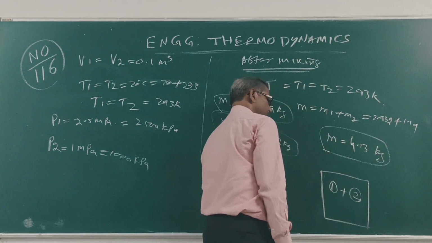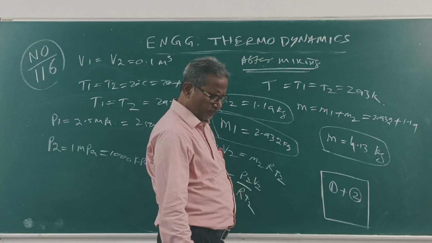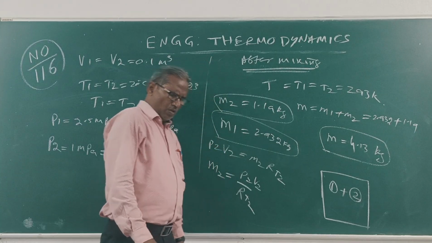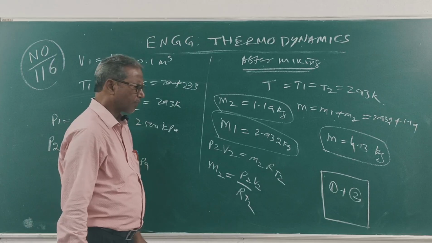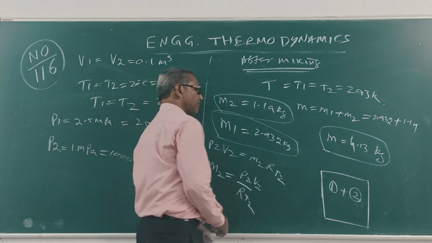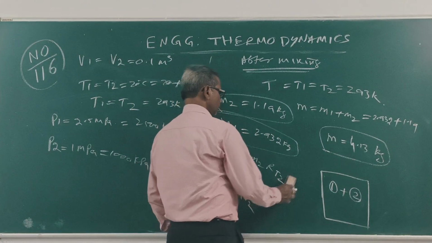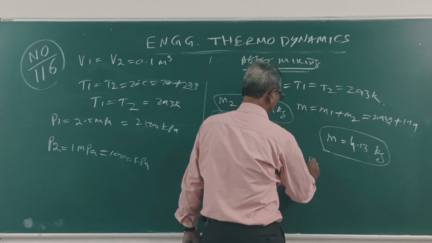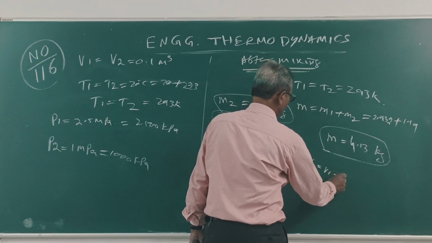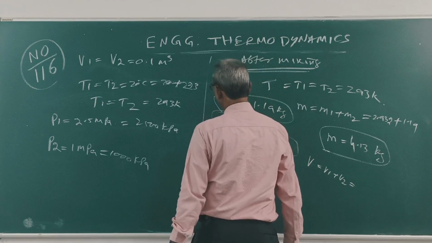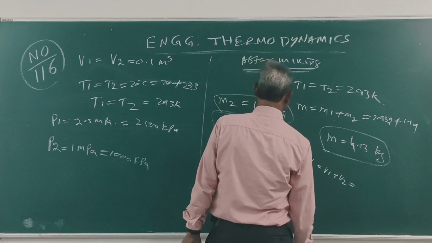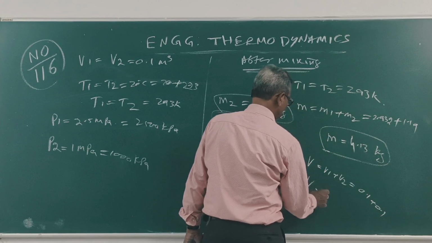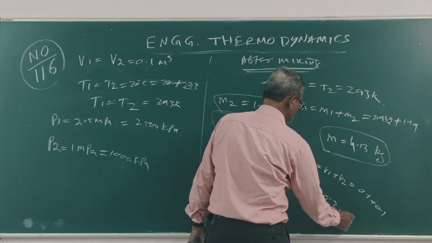Clear? Now the volume V. After mixing, volume V is equal to V1 plus V2. V1 is 0.1, V2 is also 0.1, so V is equal to 0.2 meter cube.